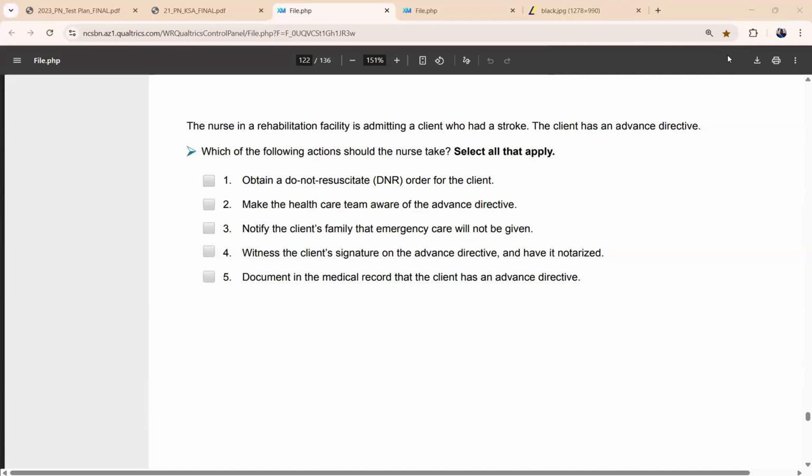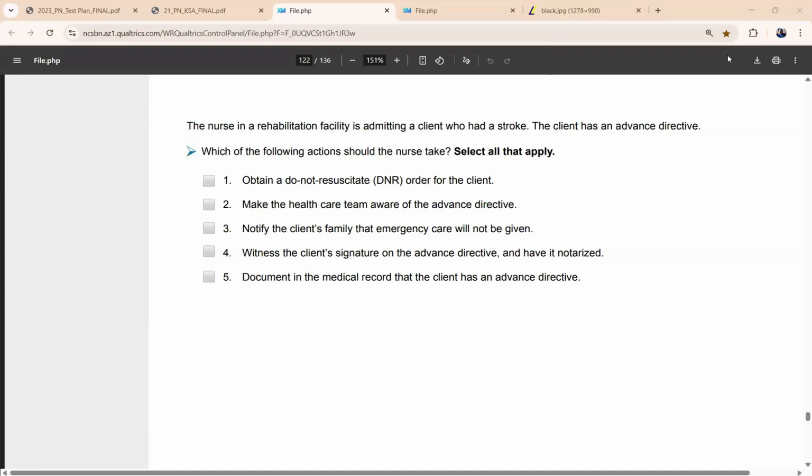Client had a stroke. They have an advance directive. So I will go with one: obtain a do not resuscitate order for the client if it's already an advance directive. No, I'll go with two: make the healthcare team aware of the advance directive.